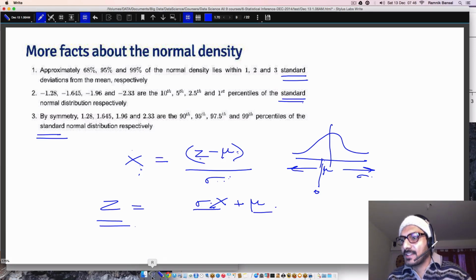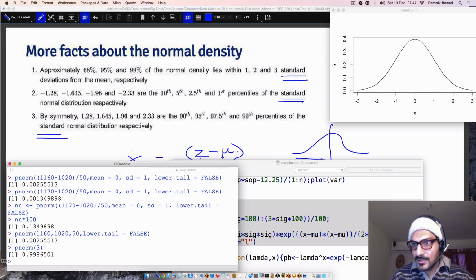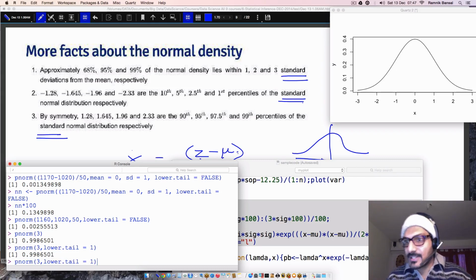Maybe it's not exactly 99%. So what we do is pnorm of q equal to 3. I get this, so it's more than 99% actually.